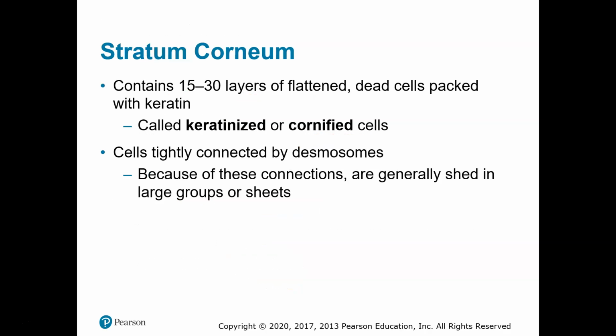And then the stratum corneum, which contains the largest number of cells, contains 15 to 30 layers of flattened dead cells packed with keratin. And we call them keratinized or cornified for that reason. And the reason that skin is generally shed in large groups or sheets, even dandruff is a sheet of skin cells.